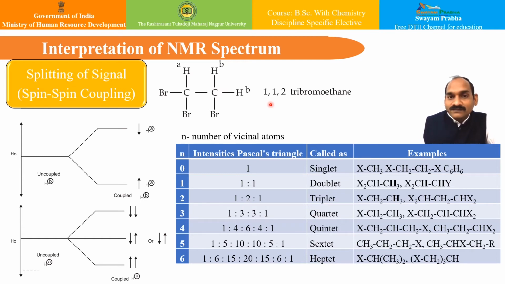When there are 2, 3 or more neighbors, additional splittings can be observed, with different intensities governed by Pascal's triangle.